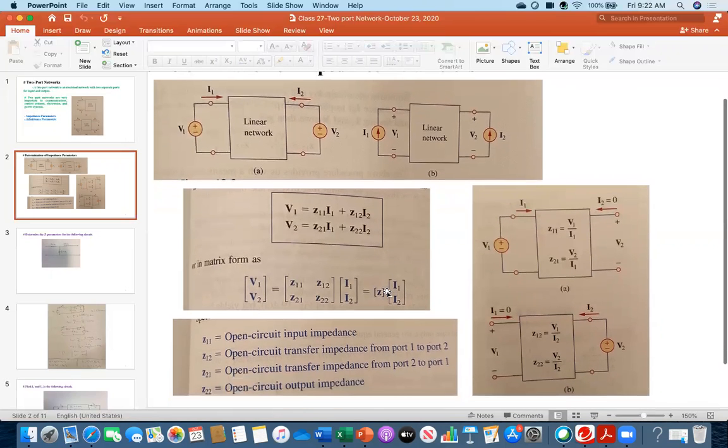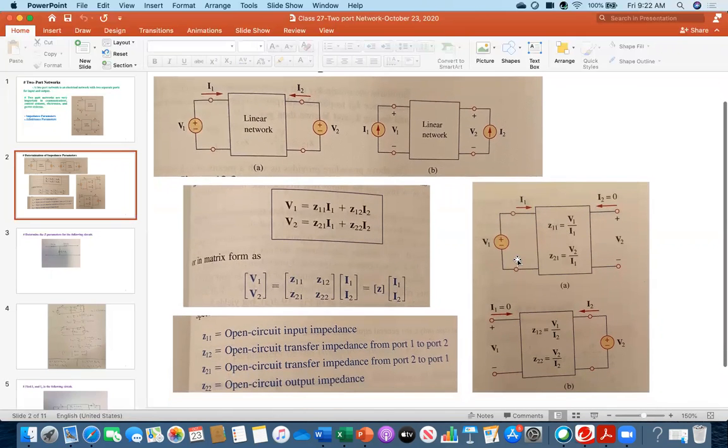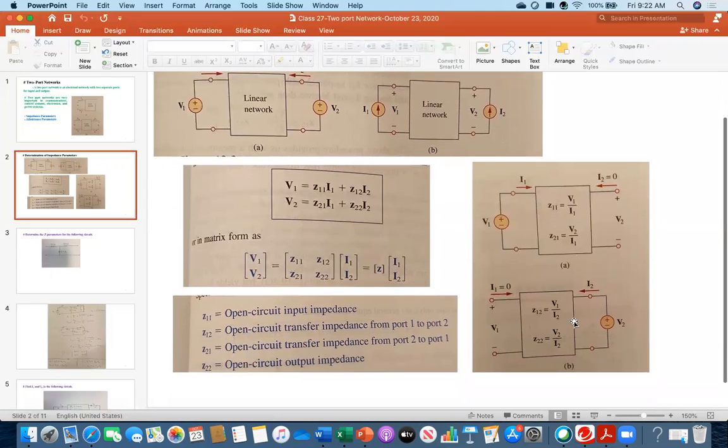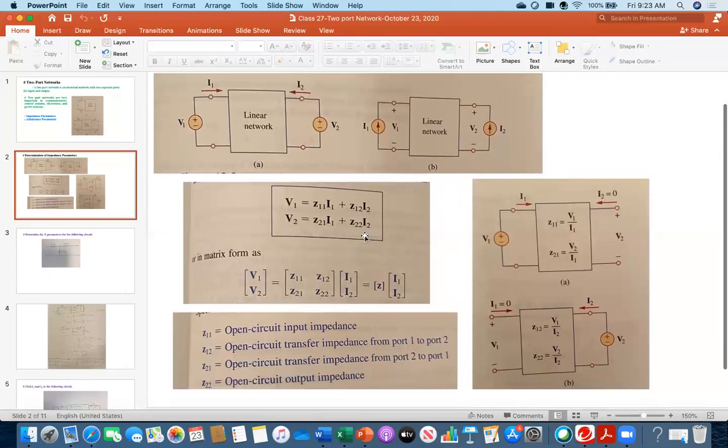So here, everybody see, this is the method. These two figures, A and B, represent how to do that. Now, I understand that this is the generalized equation. From here, look at this circuit. Everybody see, I wrote down these two equations based on this network A. With the help of this network, I will find Z11 and Z21.